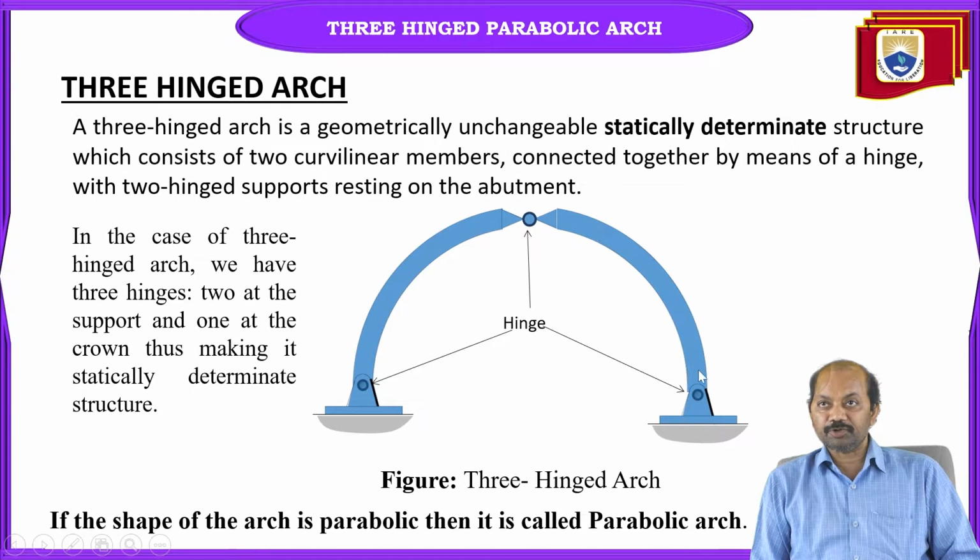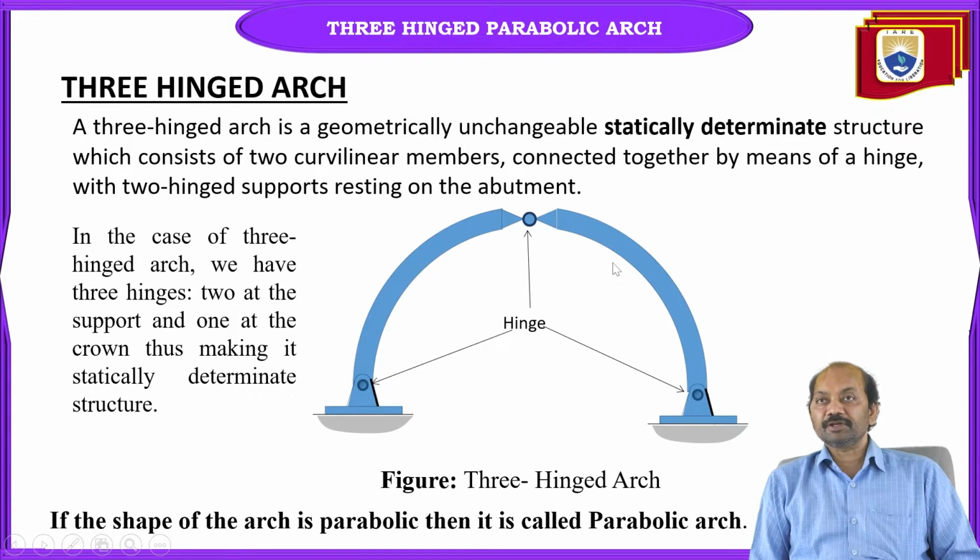It consists of two curvilinear members connected together by means of a hinge. This is the hinge, with two hinged supports. These are the hinged supports 1 and 2, two hinged supports resting on the abutment.